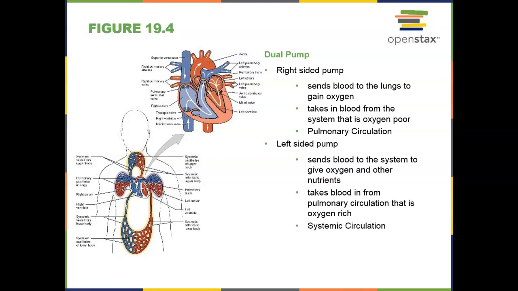So the blood from the right side and the left side don't mix. Blood comes in from the system to the right side and is sent to our lungs. Blood from our lungs is then brought in to our left side and moves to our body. And so the right-sided pump is your pulmonary circulation. The left-sided pump is your systemic circulation.